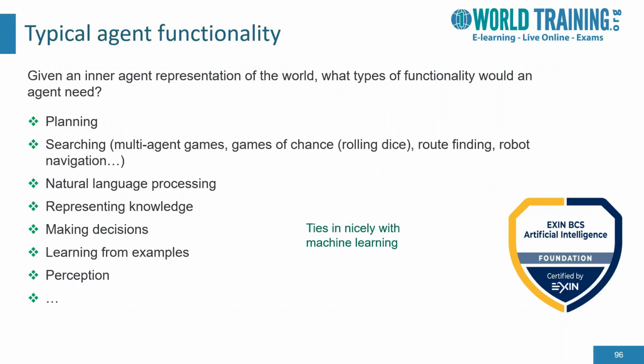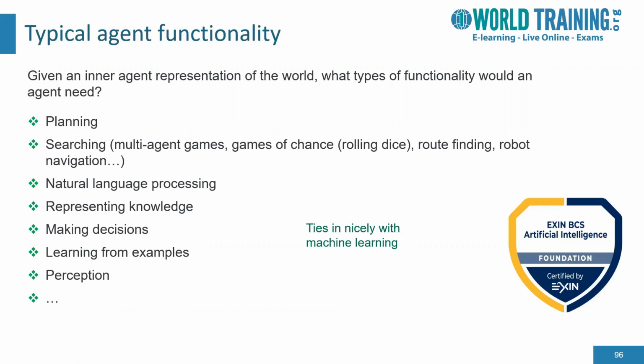So given any kind of inner agent representation of the world, we want the agent to be able to do the planning part. The agent should be good in planning the activities. So whenever any kind of external percept comes across, the agent should be able to carry out the planning based on the external percept which is there.